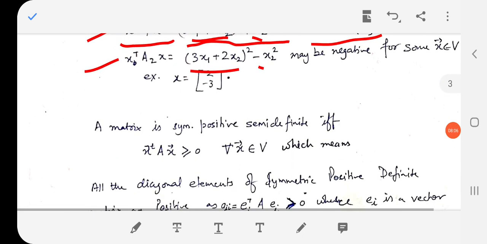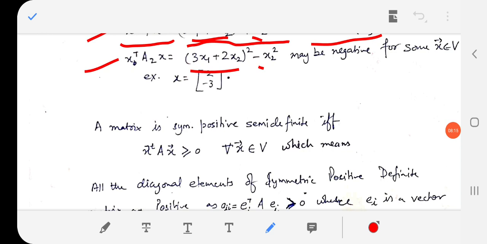Then there is something a little bit different, that is positive semi-definite. Positive semi-definite allows you to have zeros even if x is not 0. So even if x is not 0, if x transpose Ax comes out to be 0, it is okay.